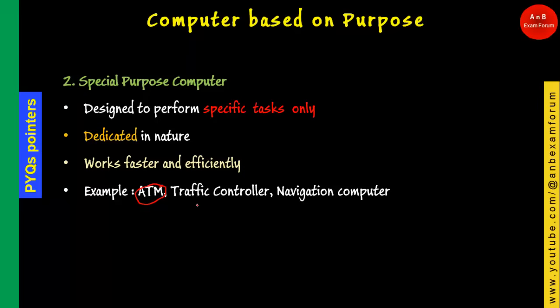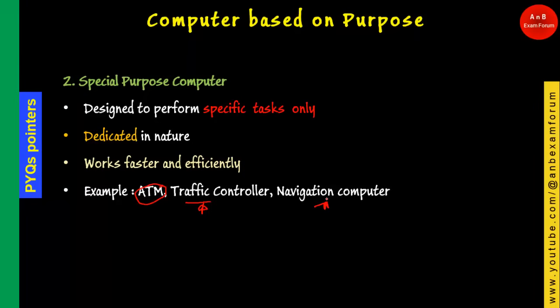And coming to the traffic controller, it manages the traffic, just managing the traffic. It is dedicated in nature. It is not used to surf, it is not used for editing, only traffic management. Coming to the navigation computer, like GPS, if you talk about a GPS receiver computer, it does only the navigation part and nothing else.